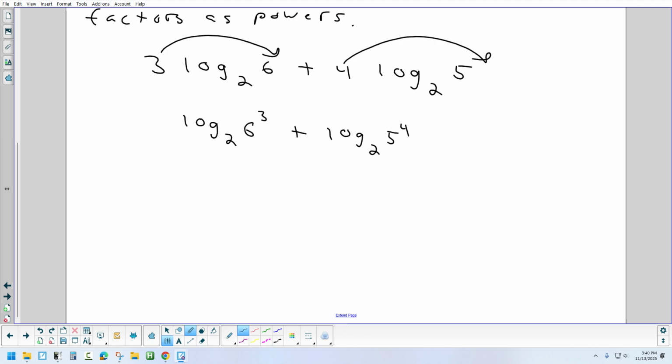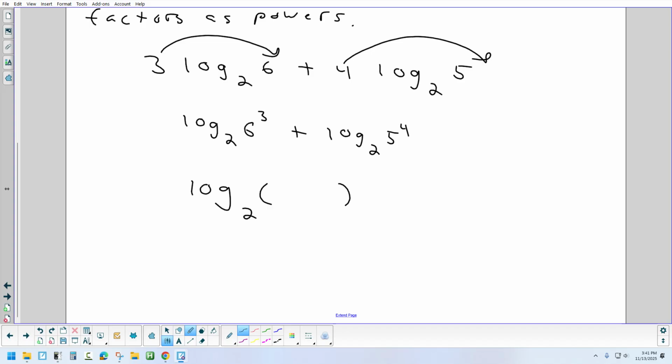All right, so we put the powers back, but now we have to merge that into a single log. What is the base when it's all back together? Yeah, 2. It's going to be a base of 2. And what are we going to do with our arguments, 6 cubed and 5 to the 4th? Yeah, you can multiply them.